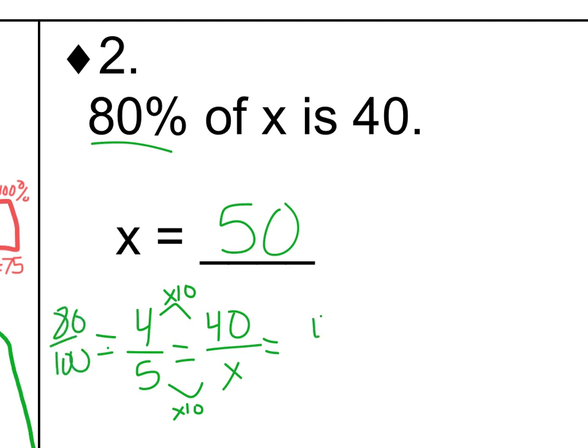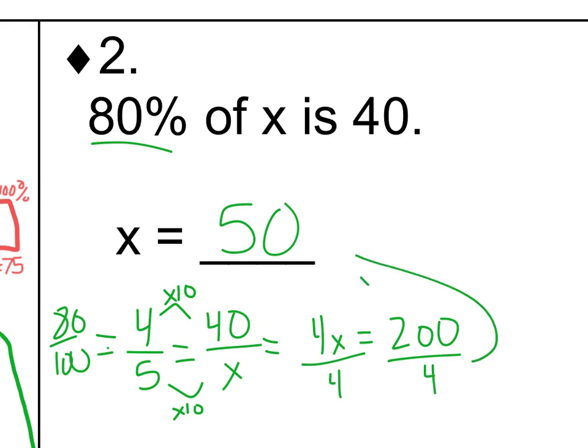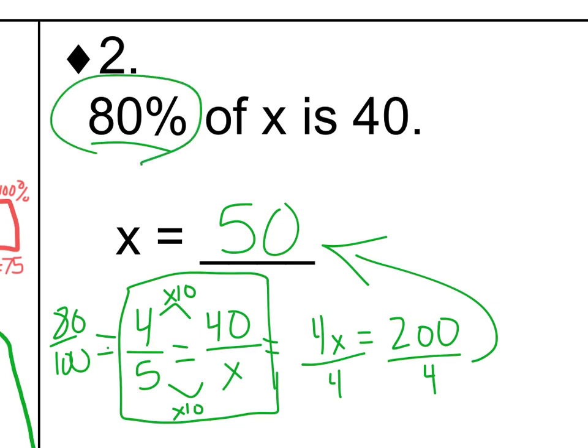I could do 4x equals 5 times 40, which is 200. Divide by 4, divide by 4, and that's still going to be 50. So no matter which way I do it, I get 50. This is my preferred method. If you do not, just focus on that, making equivalent fractions using the fractional form of the percentage and simplified version.